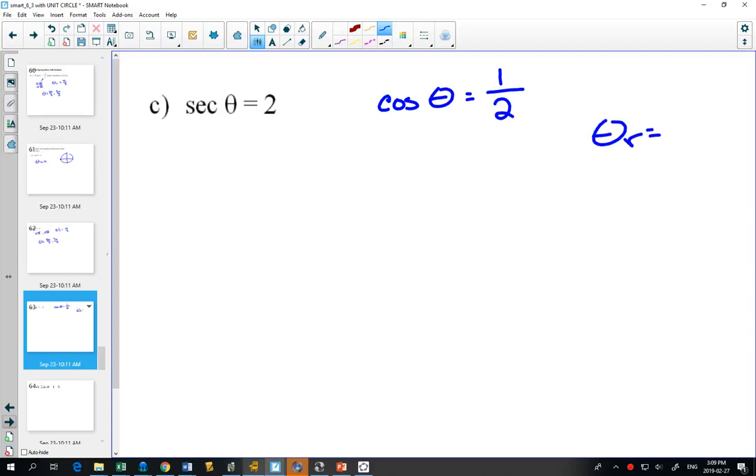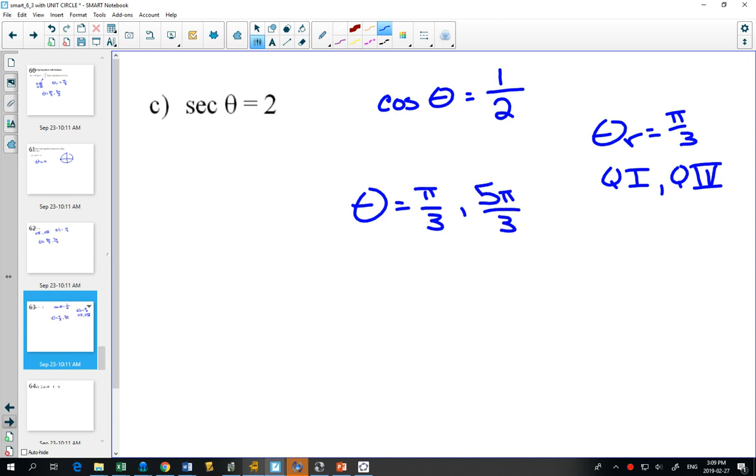Your reference angle, your family. It's your pi over 3 family. What quadrants are we looking in? Well, cos is positive in quadrant 1 and quadrant 4. So theta will equal pi over 3 in quadrant 1 and 5 pi over 3 in quadrant 4.